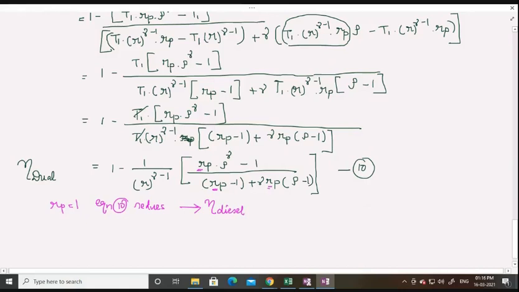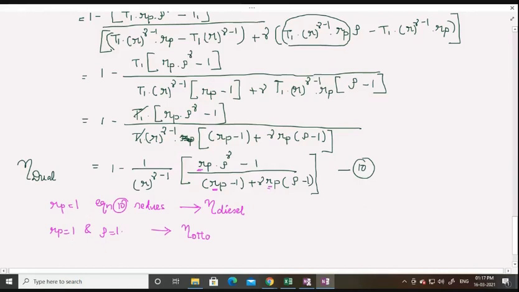You can apply the value here and get 1 minus 1 divided by R power gamma minus 1 into rho power gamma minus 1 divided by gamma into rho minus 1. Likewise, if you consider Rp value is 1 and rho value is 1, equation 10 reduces to the Otto cycle. So from the dual cycle we are able to reduce to the diesel cycle and Otto cycle where Rp is 1 and rho is 1.